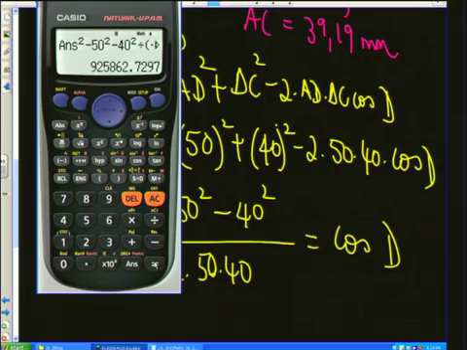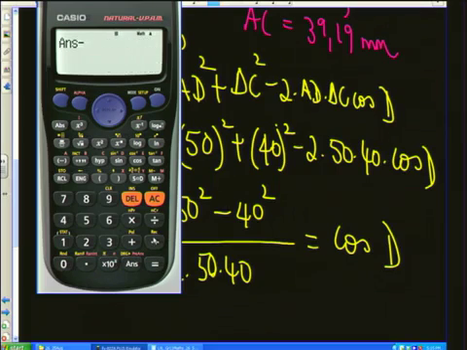Now it's even giving me another answer. Okay, let's start again. So we've got that 39.19, which we're squaring. We're then subtracting 50 squared, and we're subtracting 40 squared, and we get that.